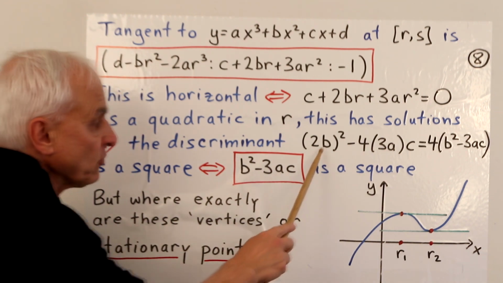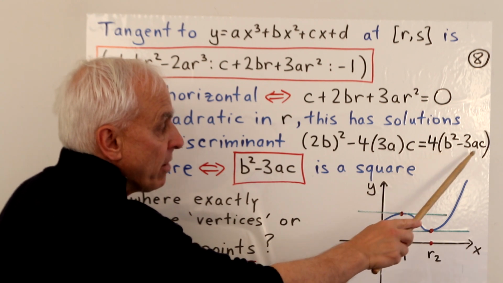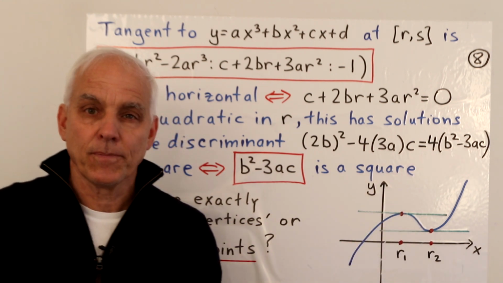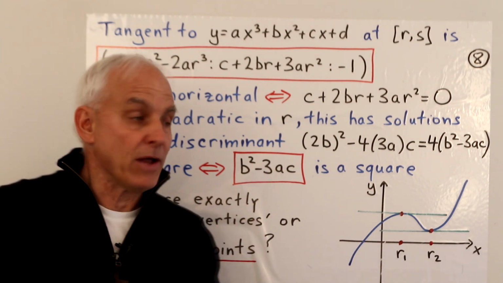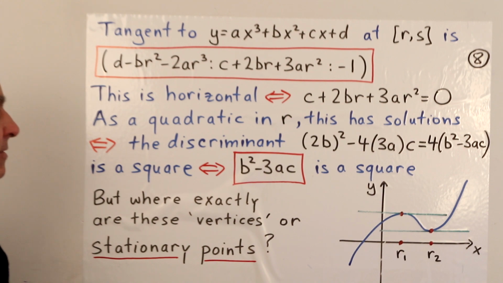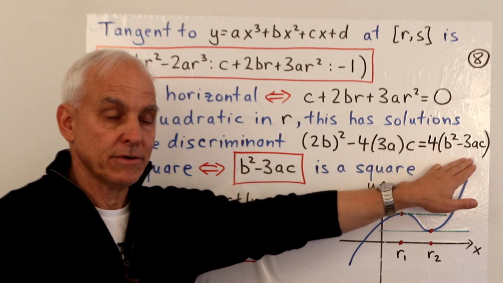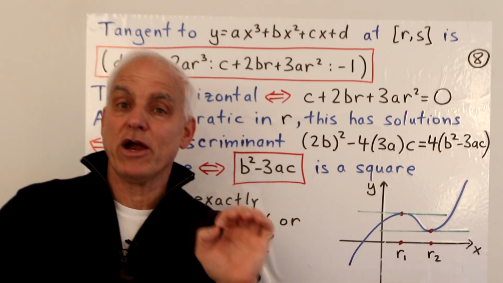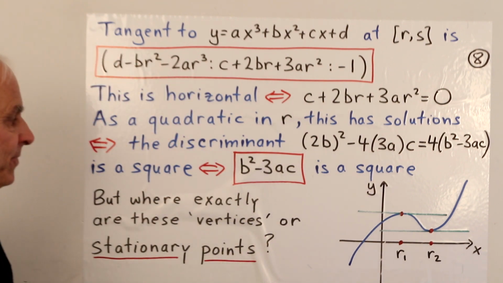Well, there's a common factor of 4 there. When you pull that out, then we also get b squared minus 3ac as the other factor. And now the general theory of quadratic equations tells us that we are going to have solutions precisely when this thing is a square. Now 4 is always a square. So it all comes down to whether b squared minus 3ac is a square.